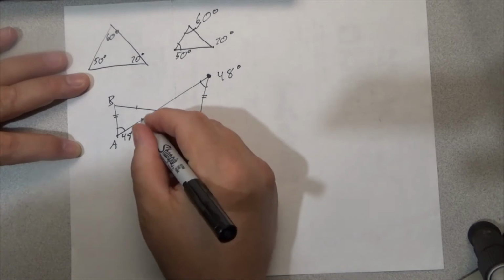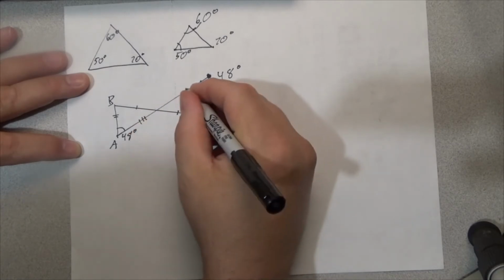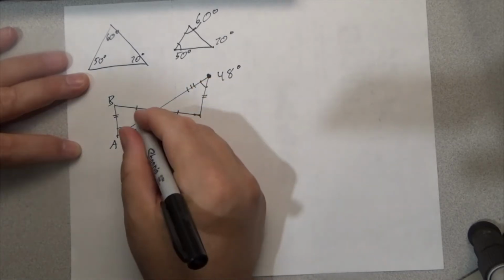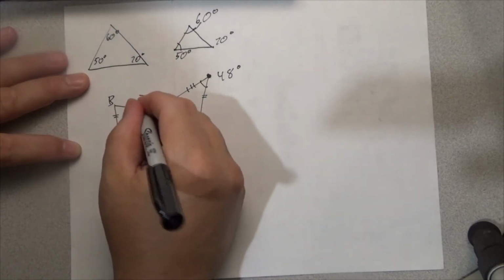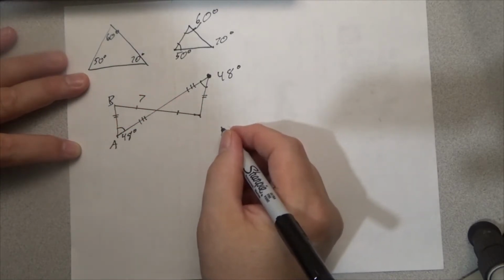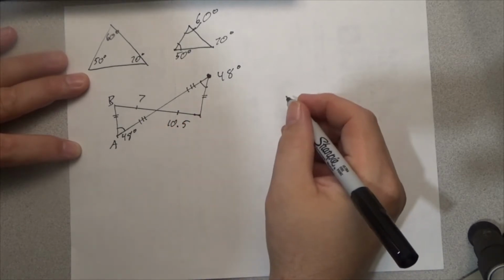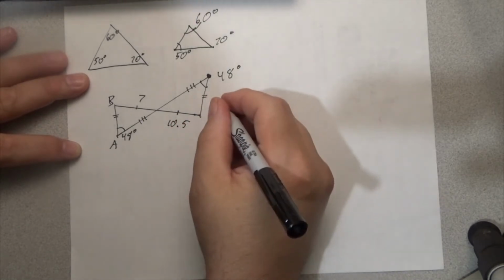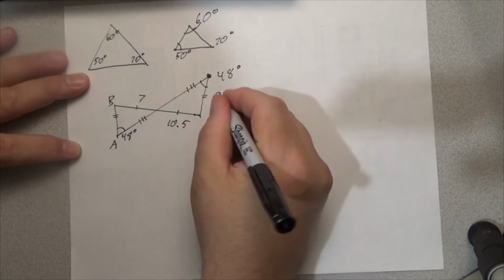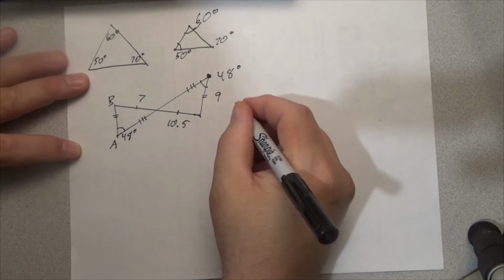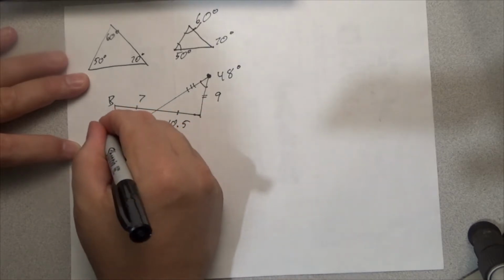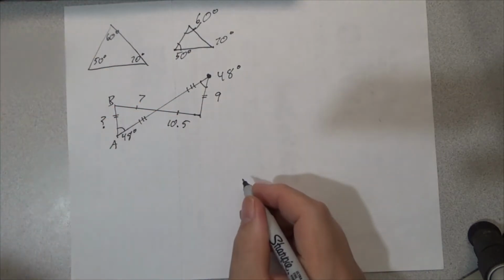And that leaves these two sides right here. Okay, so what is the length of this side? This side is 7 inches. This side is 10.5. This side right here is given as 9 inches. And this one is the question mark, what we're looking for.